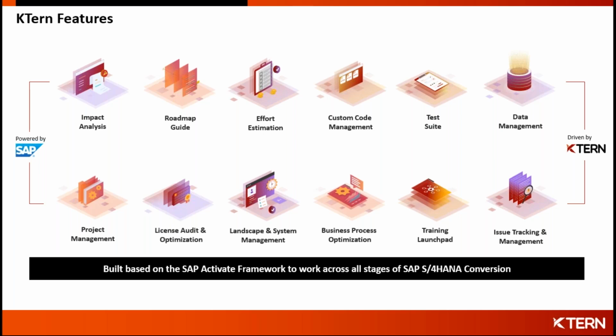Yes, KTern does have that too. And the change management strategy will be accommodated by using the training launchpad, while the issues arising in the project or the risks or the defects from testing will be handled by the issue tracking and management. So we follow Activate, and this is how we have built something which will empower the project execution.